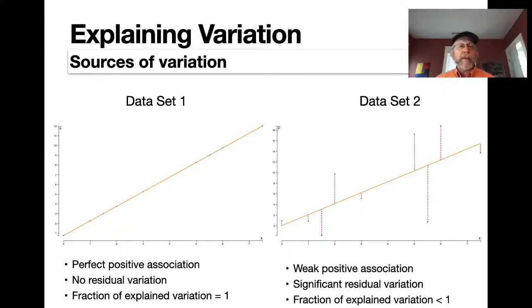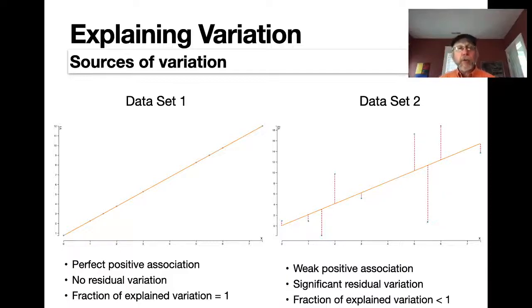Now, if you look at the fraction of the total variation that's due to the variation associated with the trend line, for data set 1, that would be 100%, right? Because all the variation in y is associated with the data points climbing along that trend line.